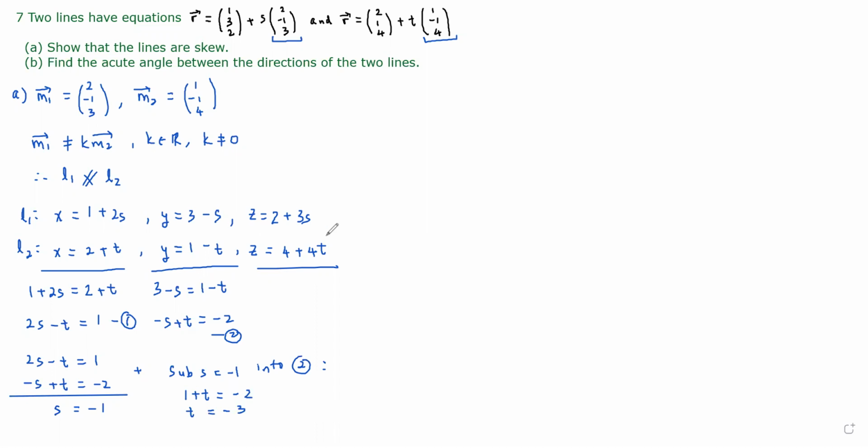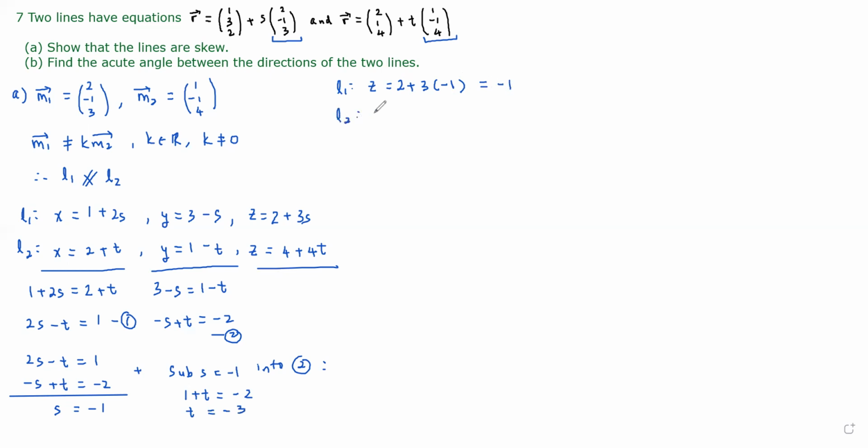If these two lines intersect, they must have the same z coordinate for these values of s and t. From line 1, z is 2 plus 3s. s is negative 1, so this will give us a z coordinate of 2 minus 3, which is negative 1.